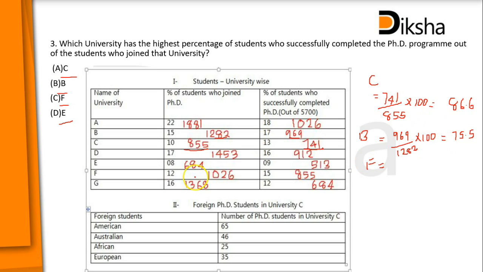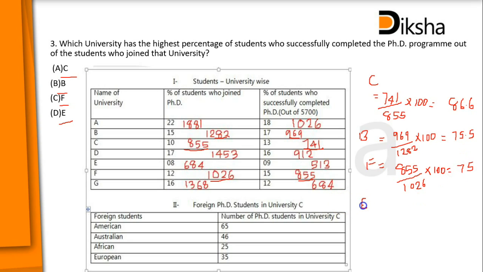Next option is University F. For F, the total students is 1026 and passed students is 855. So the percentage is 855 by 1026 into 100, which gives you 75 percentage.